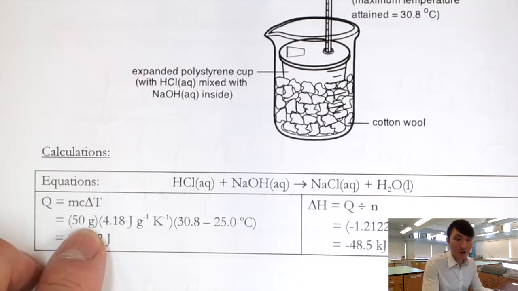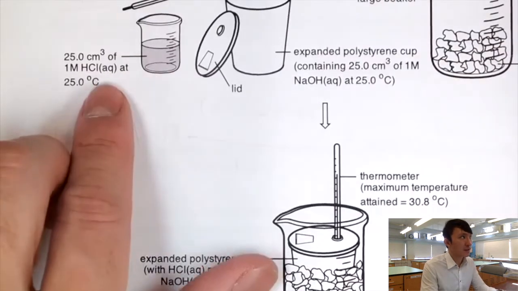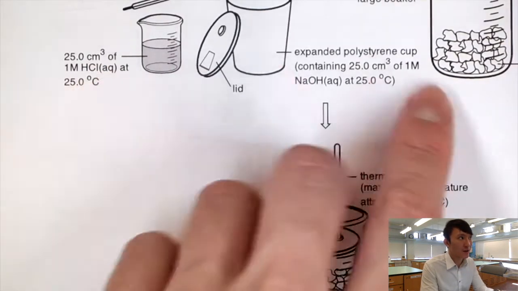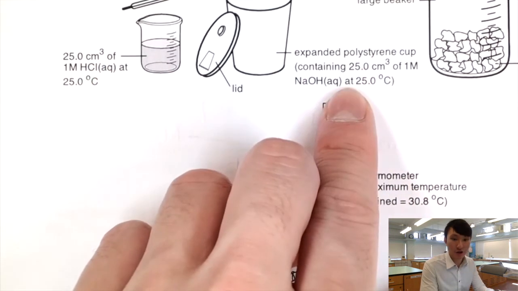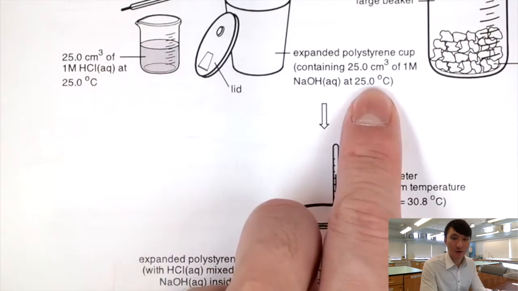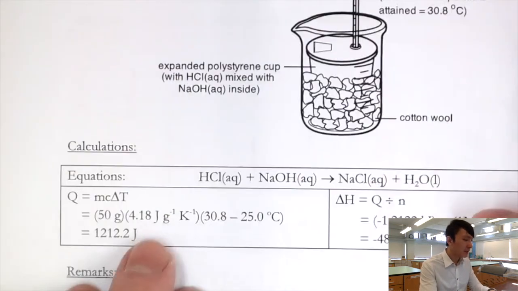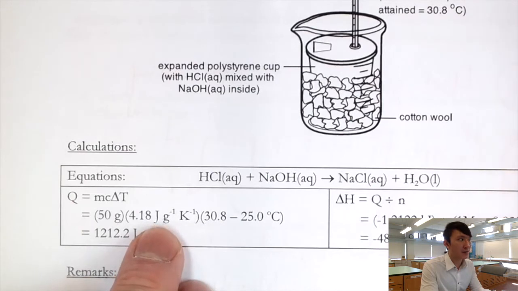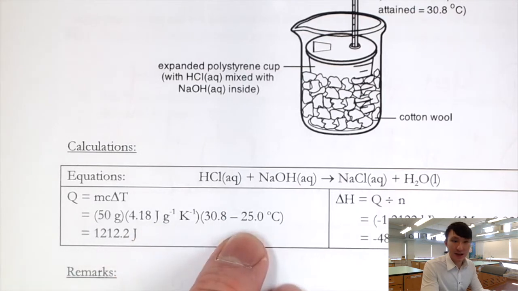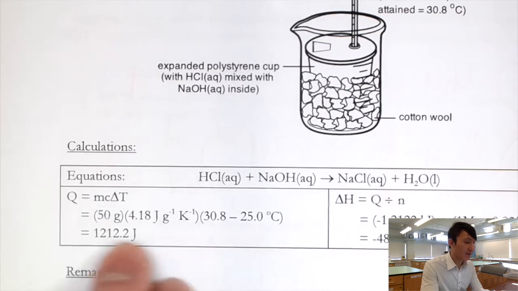Why is it 50 cm cube? Because we are mixing 25 cm cube of HCl with another 25 cm cube of NaOH. So 25 plus 25 is 50. And here we are using the specific heat capacity of pure water, which is 4.18. Now for the delta T, again, we will have the higher temperature minus the lower temperature, and this is what we get for the heat change.